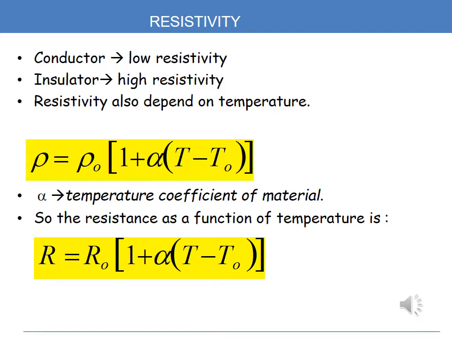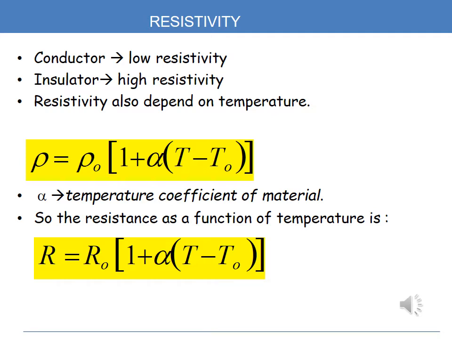When you increase the temperature, the vibration of the atomic crystal will be higher. So this will create a disturbance to the flowing electrons. So when you have a higher temperature, the resistivity will increase.